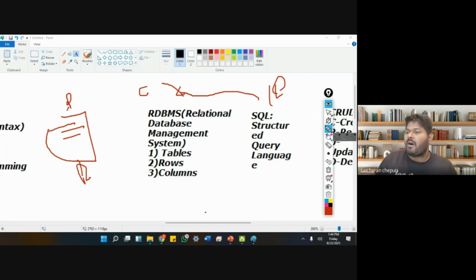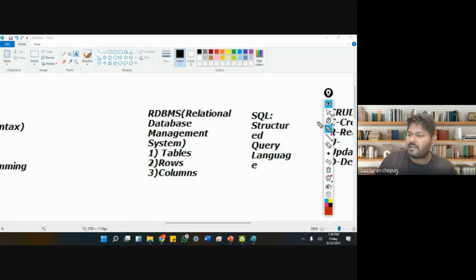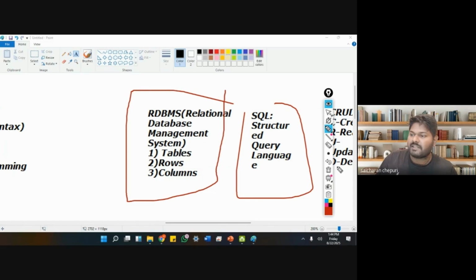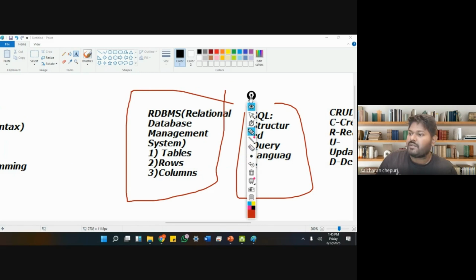This is all about today's session: the SQL language and the Relational Database Management System. And with SQL, we can do CRUD operations.